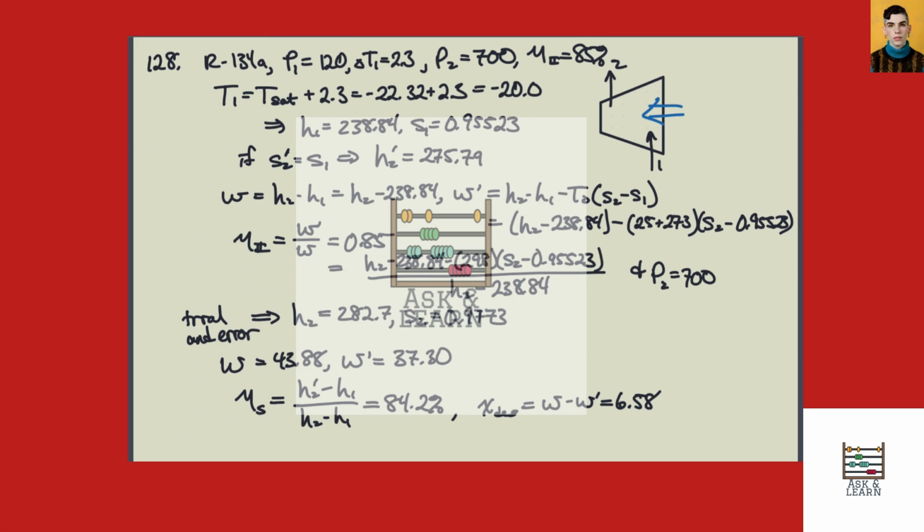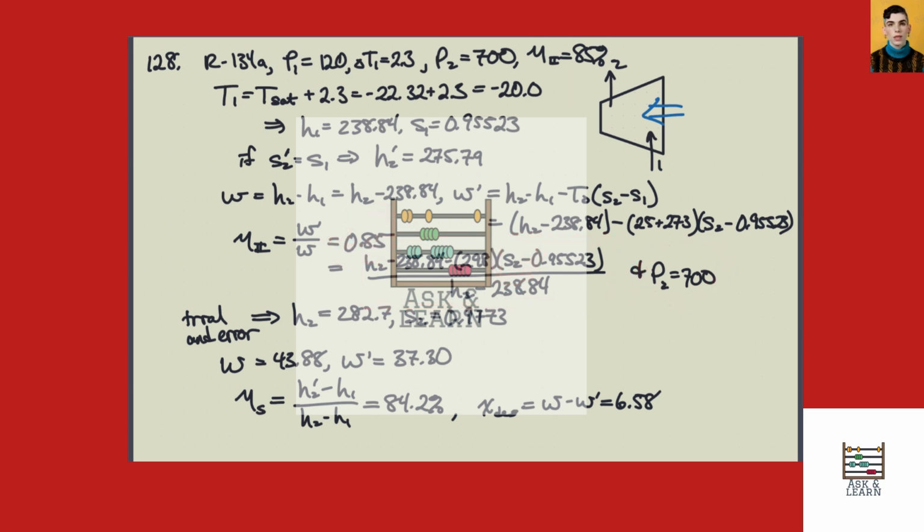So the best thing to do would be to use the software to play trial and error, and say, okay, if I pick an H2 and P2, I look up S2, and see how close I am, and then trial and error until I get an H2 and a pressure that gives me an entropy that evaluates this thing to 0.85.